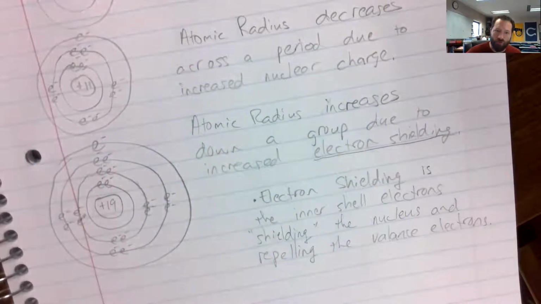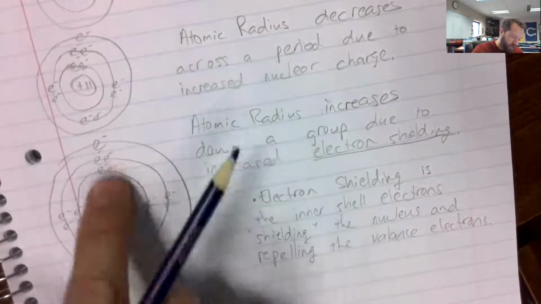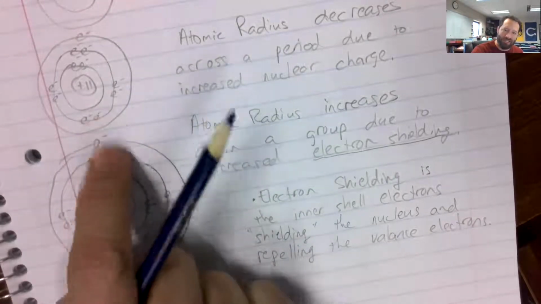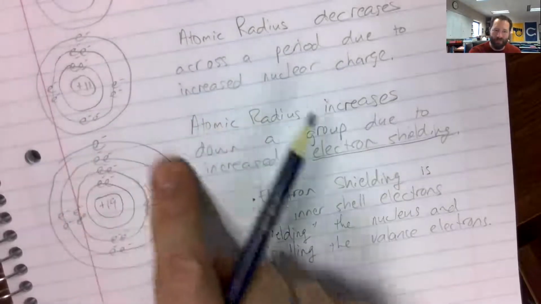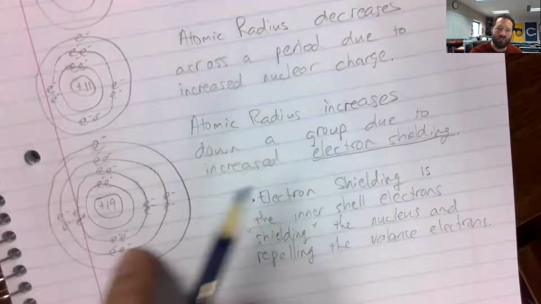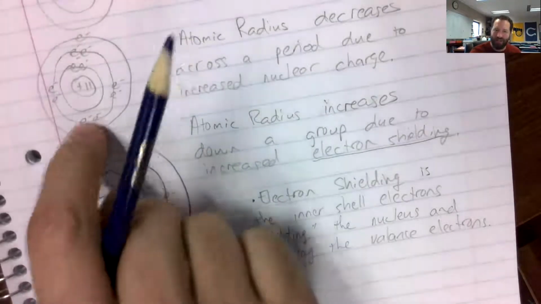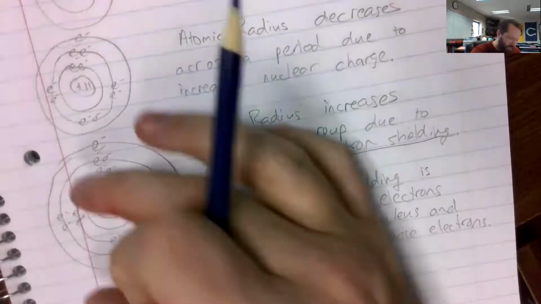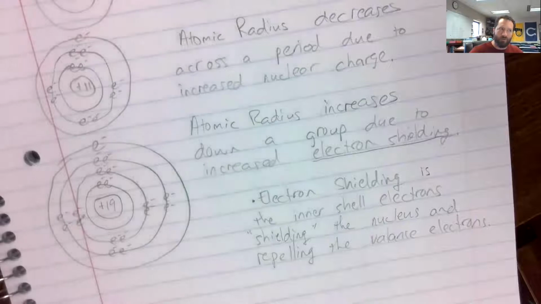They're going to push away from each other. And all these inner shell electrons are repelling this guy. Yes, he's connected to the plus 19. He is. But man, there are a bunch of negatives in between the positive 19 and this outside electron. And because of that, they're pushing him away, and your atom is getting bigger and bigger and bigger.